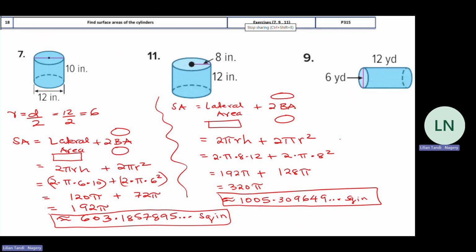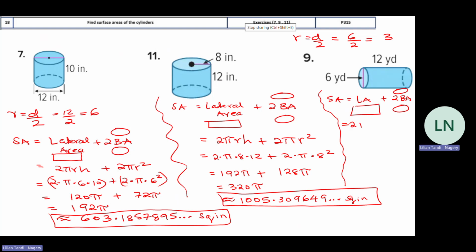Okay? Now, this is the same as question 7. I don't have the radius, so I will find radius equals diameter divided by 2. My diameter is 6. I will divide by 2, and that will give me 3. So then I will do surface area equals lateral area plus 2 base area. My base areas are my two circles. My lateral area is the curved rectangle.